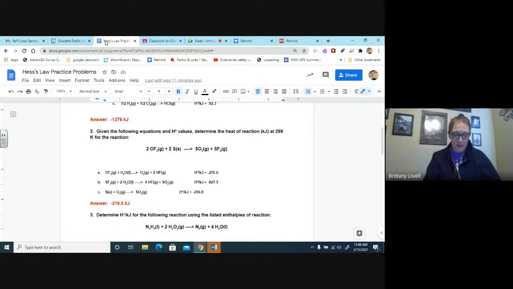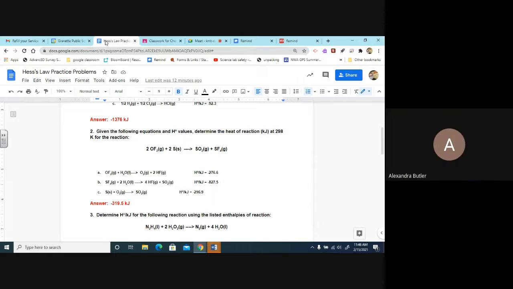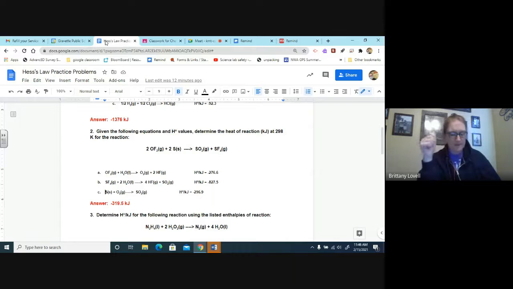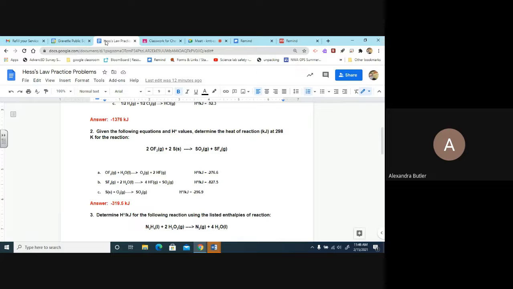So for the 2OF2, do you have that in one of the equations on the reaction side? Yeah, it's in the first one. So I would circle that. And then I would look for my 2 sulfur solids. Where's that one? In the third one. Good. So circle that one.